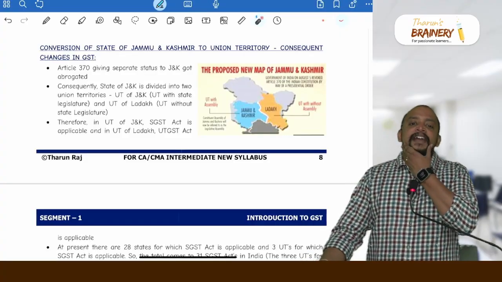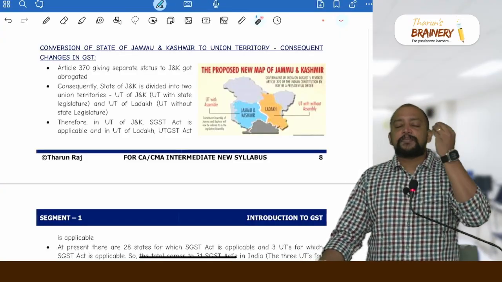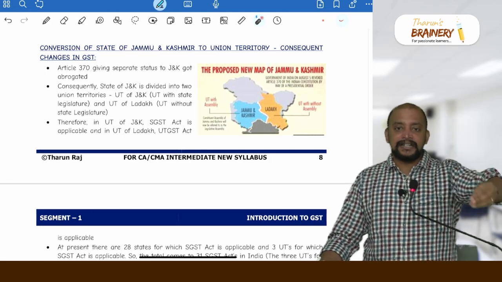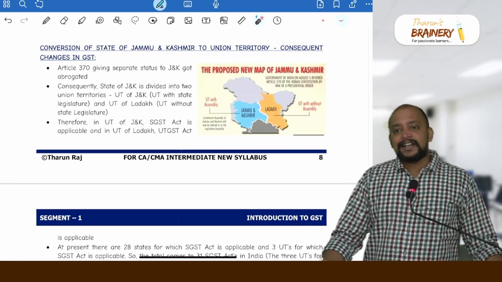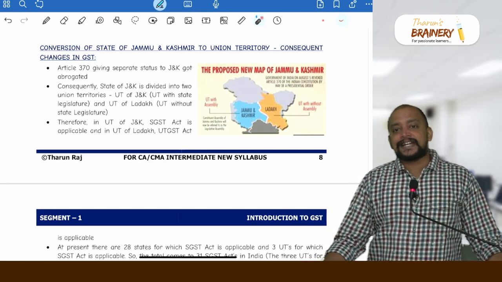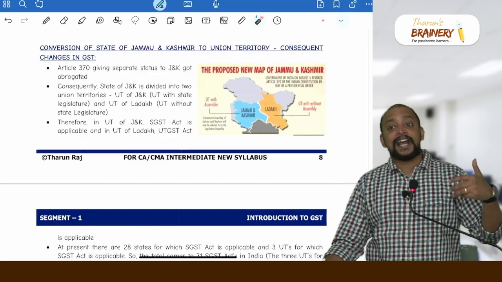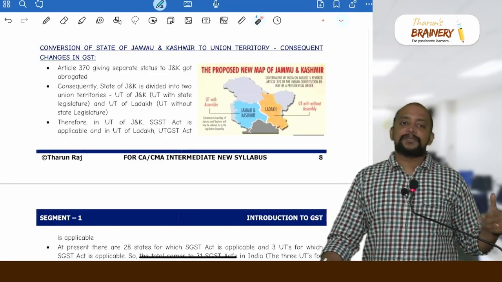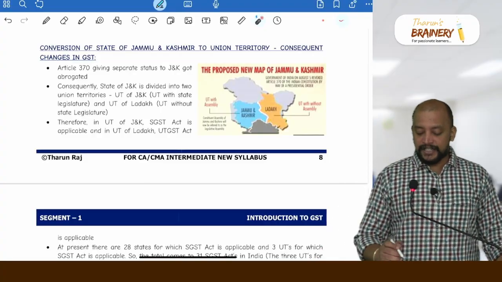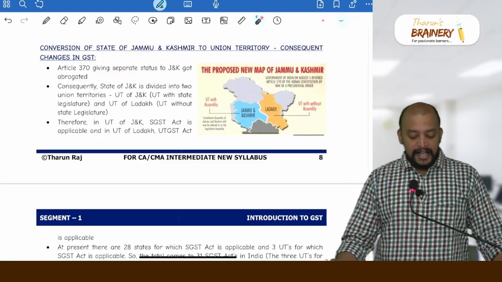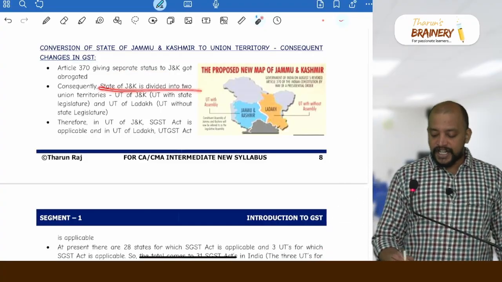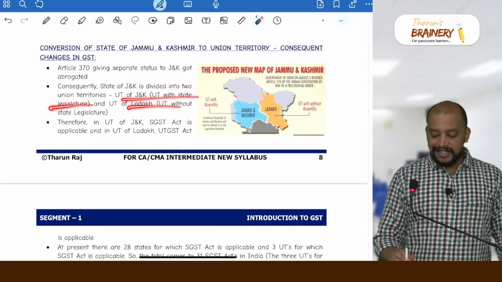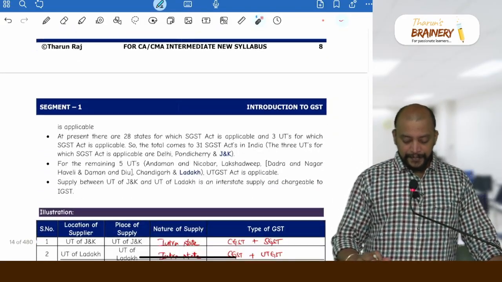That's the reason why many laws like Payment of Bonus Act, Payment of Gratuity Act, even Contract Act, we read, this act is applicable to entire country except to the state of Jammu and Kashmir, like that and all will be coming. But now every law is by default applicable to Jammu and Kashmir, so that special status has been withdrawn. Consequently, state of Jammu and Kashmir is divided into two union territories. Jammu and Kashmir with state legislature, Ladakh without state legislature.